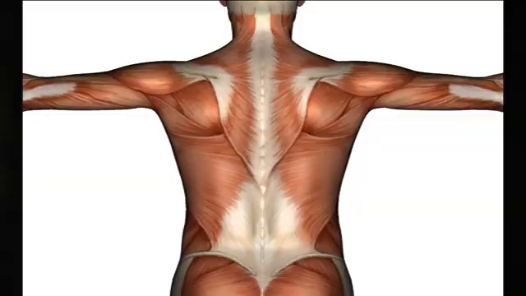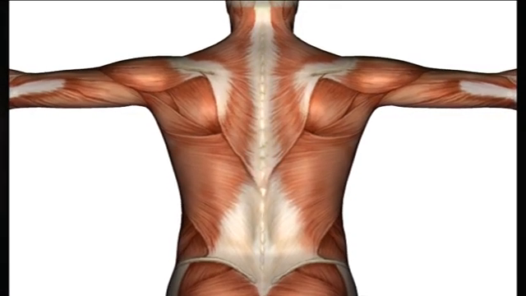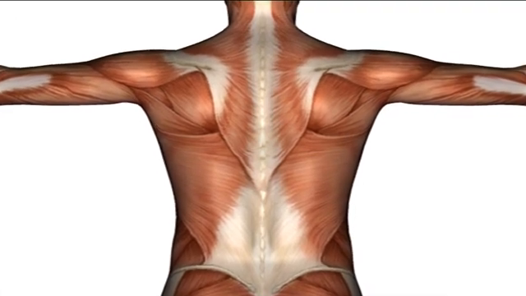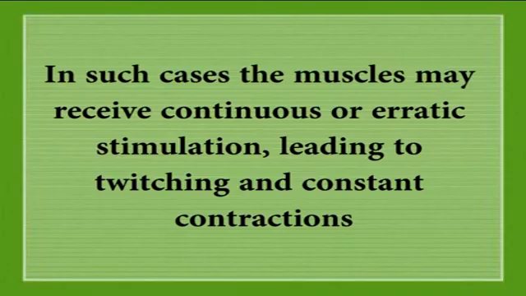When cholinesterase is unable to perform its normal function, the nerves in the body fail to send messages to the muscles properly. In such cases, the muscles may receive continuous or erratic stimulations, leading to twitching and constant contractions.